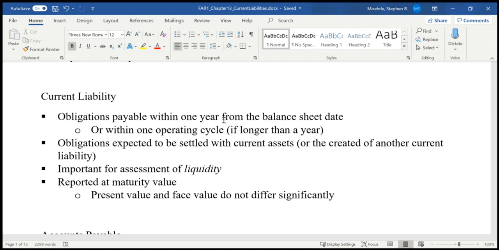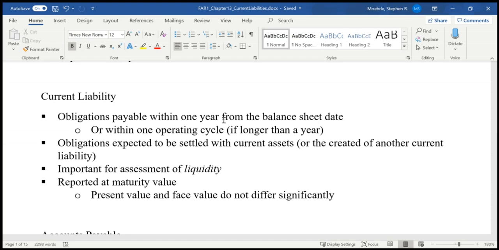Now, you don't have to be overly concerned if in any particular period current liabilities exceed current assets, because most companies have alternatives for managing such imbalances.